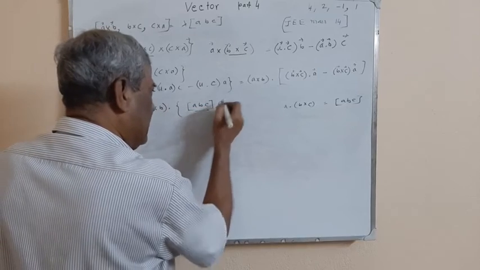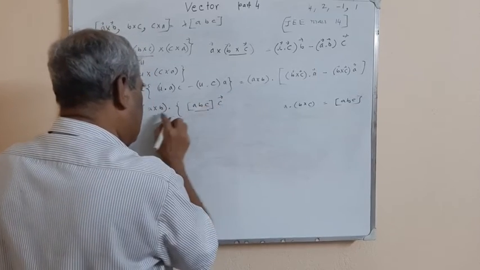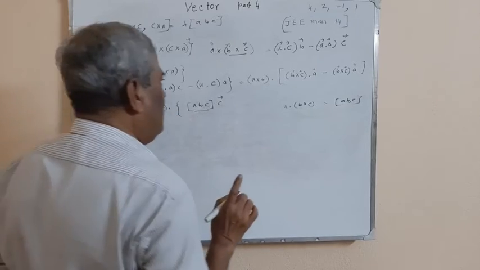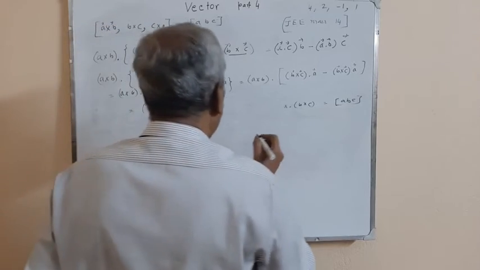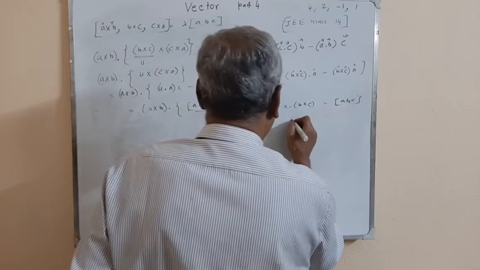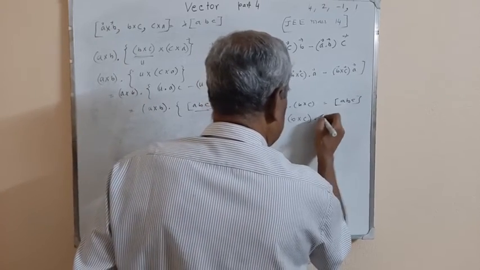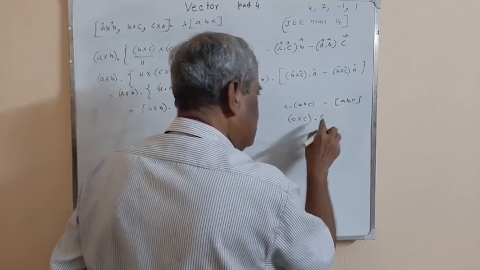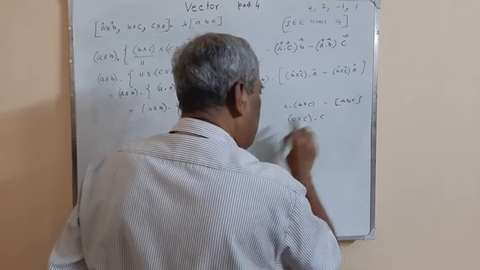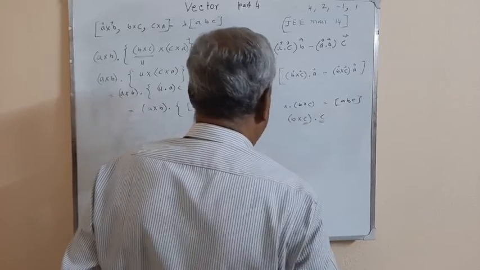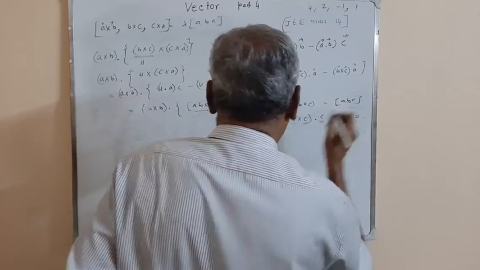This is a scalar quantity, this is a vector quantity, so the dot product of this with that is permissible, minus u dot C. u is equal to B cross C dot C. This is a dot triple product. Here these two components are the same, so this is equal to 0.